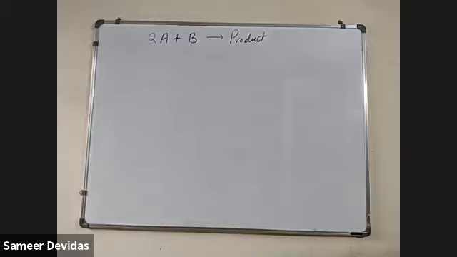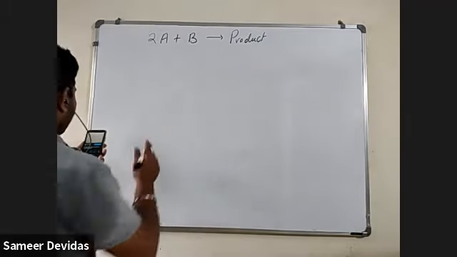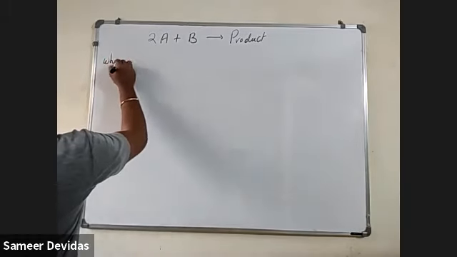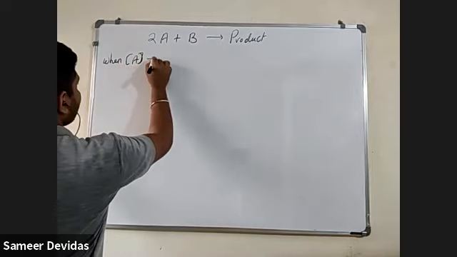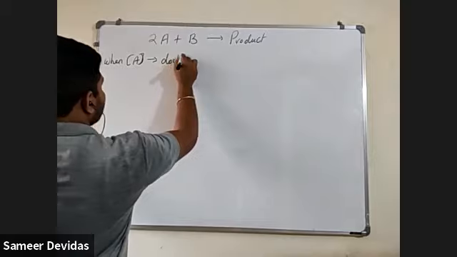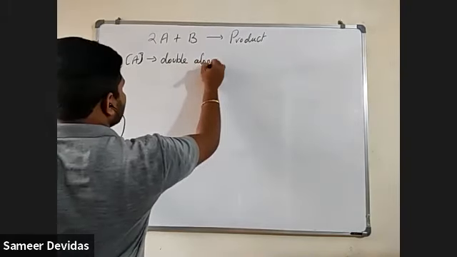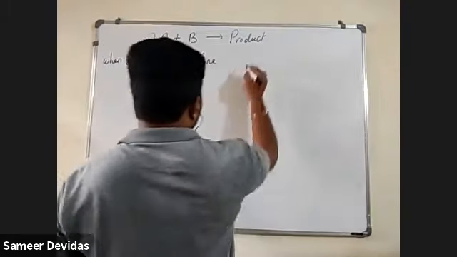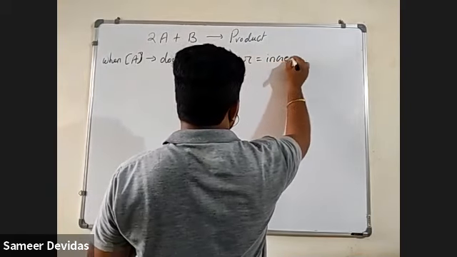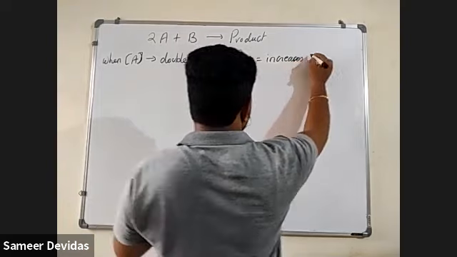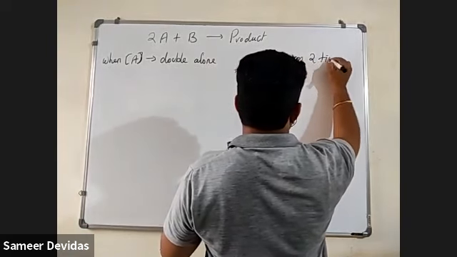Okay, so write this down. When A is doubled alone, the rate increases 2 times.